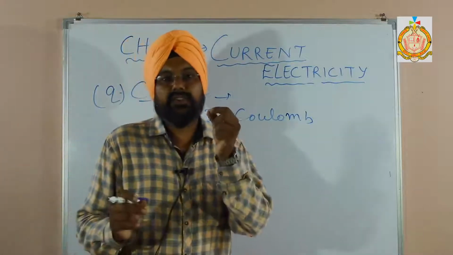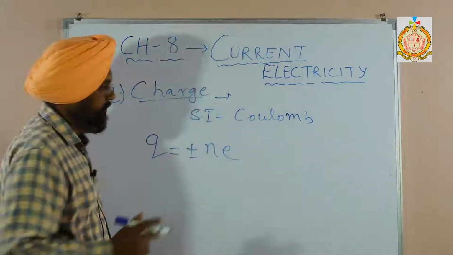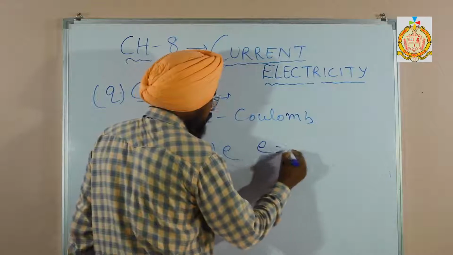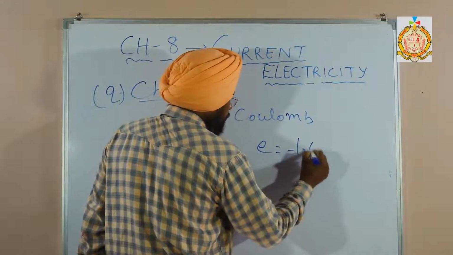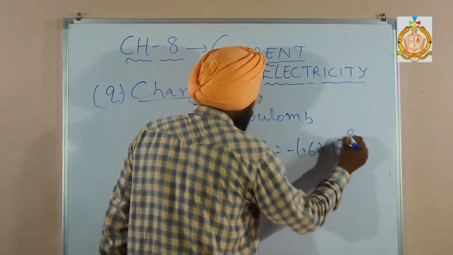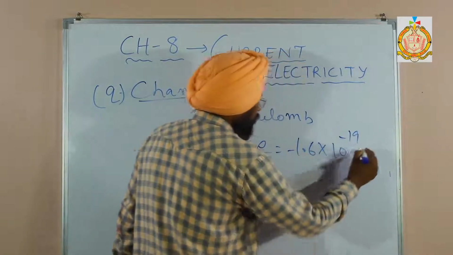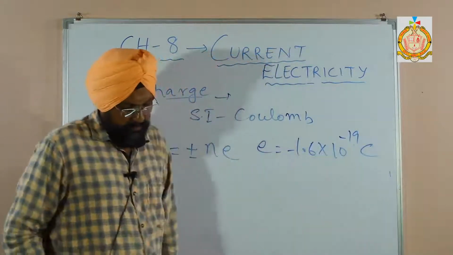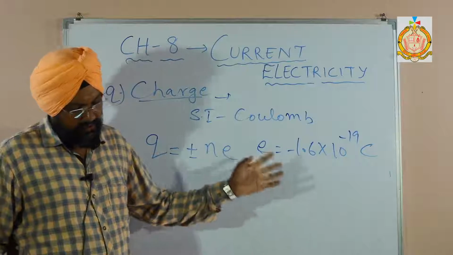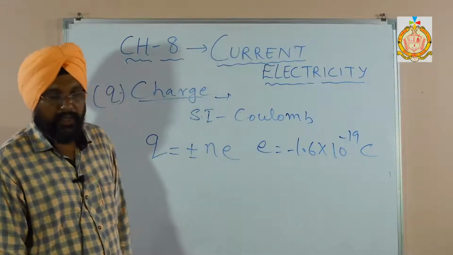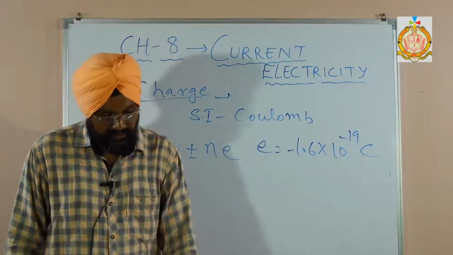What is the charge on the electron? That is an important question. The charge on the electron is minus 1.6 into 10 raised to power minus 19 coulomb. One coulomb of charge means a deficit of 6.25 into 10 raised to power 18 electrons.